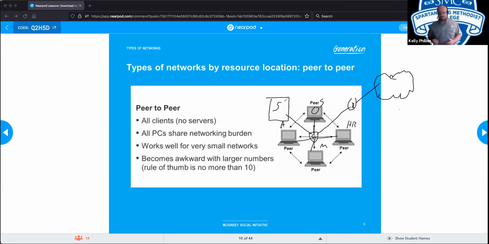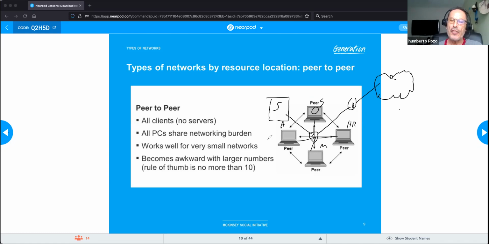Yes, Humberto. Yes, so if, for example, I work in human resources and want to see the sales files, I have to know how that computer organized his files. There is not, I don't know how to say it, an order or how everybody has to organize their files.